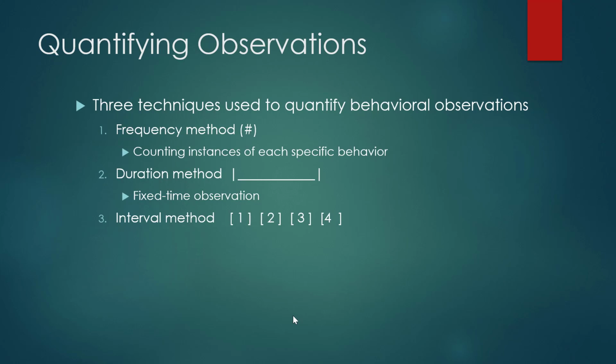Another technique is the interval method. This is where you break up the time of observation into intervals and you tally how many of those intervals involved a certain behavior. So maybe a 30-minute observation period is divided into 1-minute periods or something like that. In that first 1-minute period, did they engage in the behavior of interest?